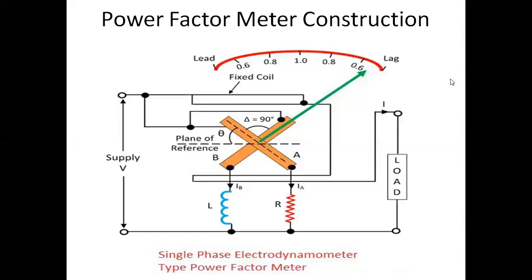So here also we have some magnets and a current carrying conductor. Try to understand. In the series, just focus on the cursor, we have some fixed coil.